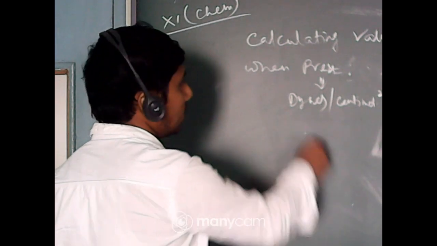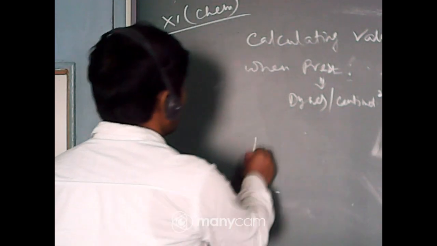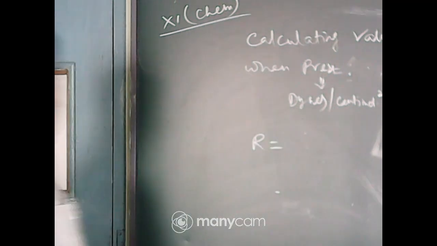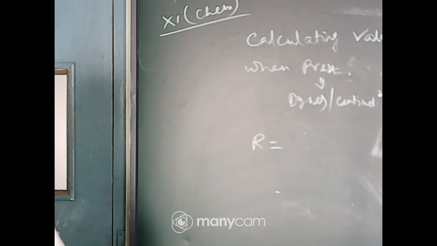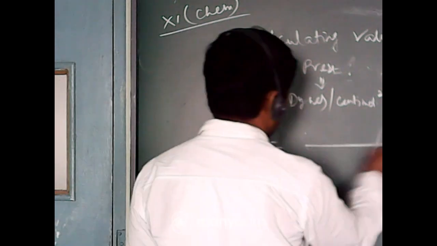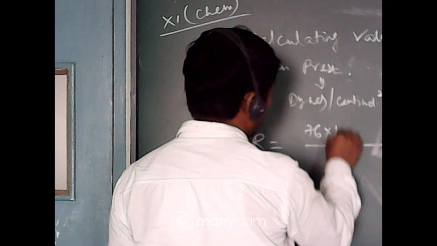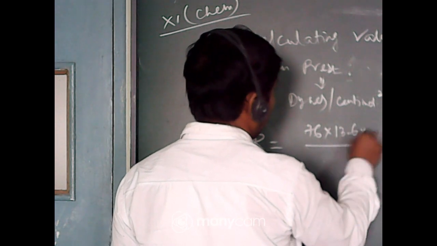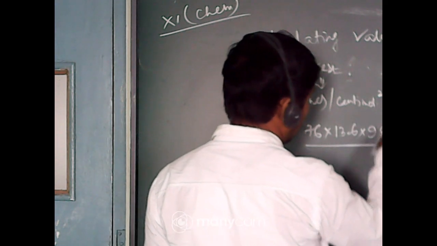So, pressure in dyne per centimeter square and volume is R. So, R equal to P V by n T. What would be the value of P? P equal to the pressure given by that unit, that is the barometric pressure. So, it is equal to 76 into the density h rho g. h, that is 76 centimeter, rho, that is the density of mercury, and g, that is 981.